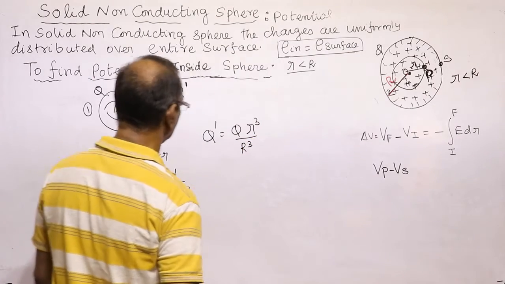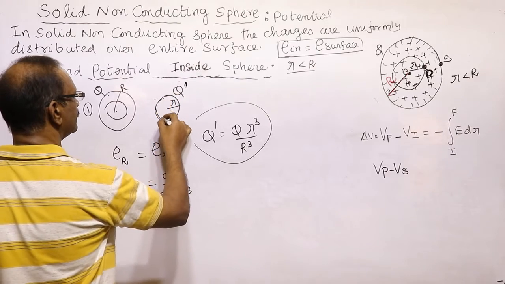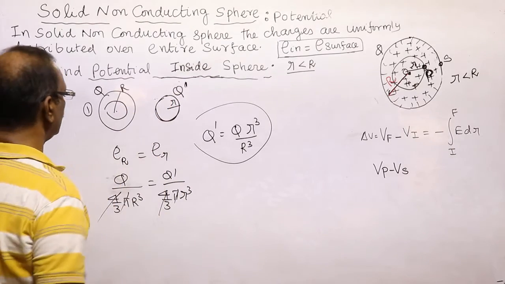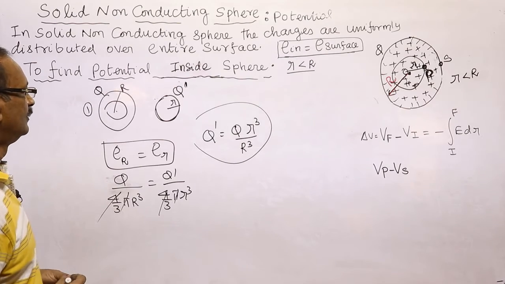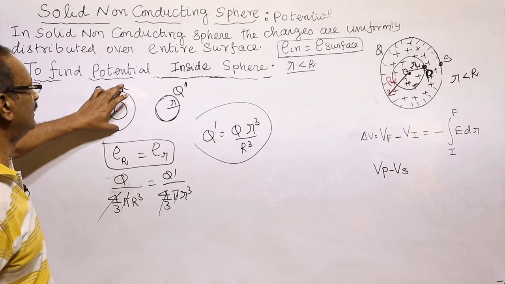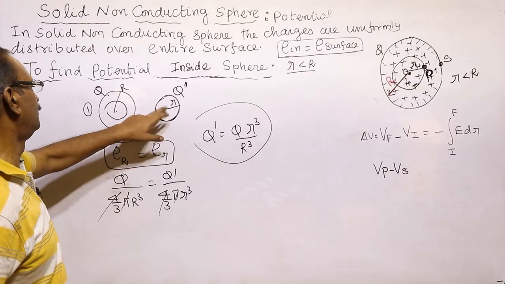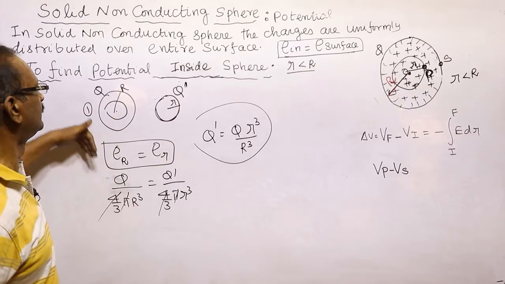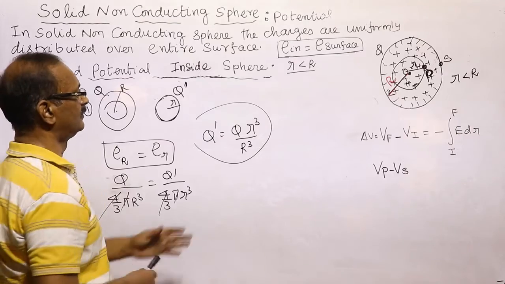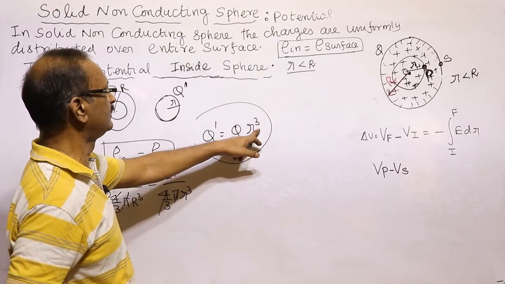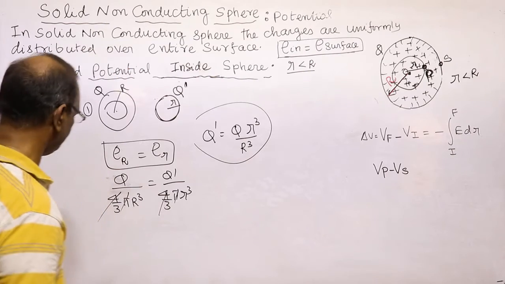Both have the same volume charge density, but the charge in the smaller sphere will be a portion of the total charge. That is why we write Q dash, the charge in this one, equal to the total charge into its radius cube divided by the radius cube of the entire sphere.